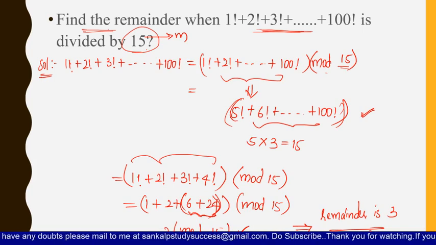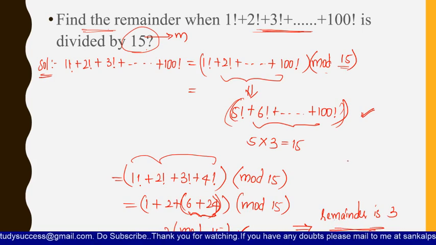So again you can remove those two terms, 3 factorial plus 4 factorial. Now you are left with 1 plus 2, which gives 3, that is 3 mod 15. Now you can't simplify further. So 3 is the remainder of the given series. Okay. Now it is clear, I think.